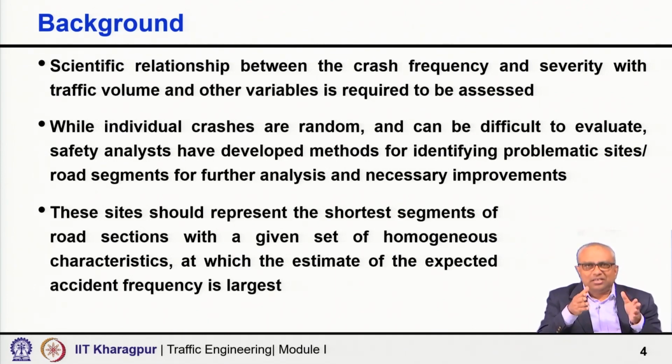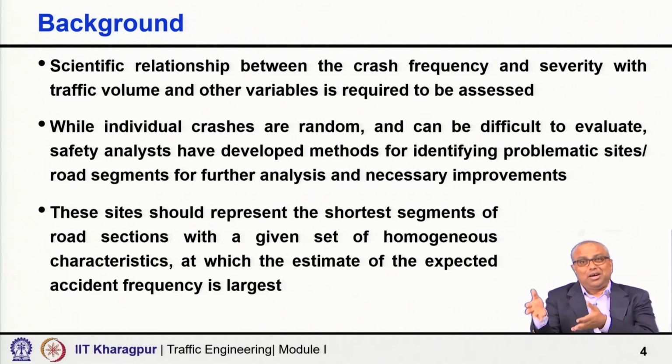Now, these sites should represent the shortest segments of road sections with a given set of homogeneous characteristics, at which the estimate of the expected or actual accident frequency is the largest, or generally higher than what is acceptable or higher than those in other segments.